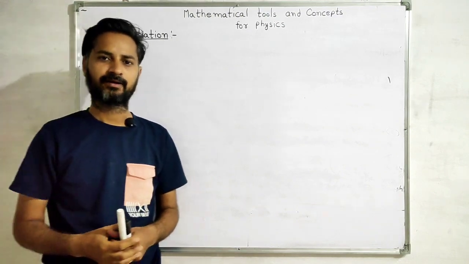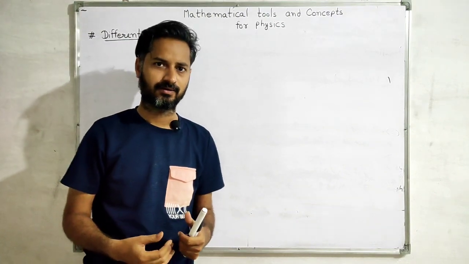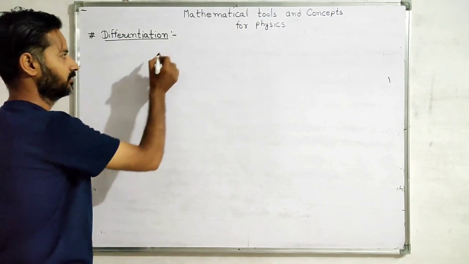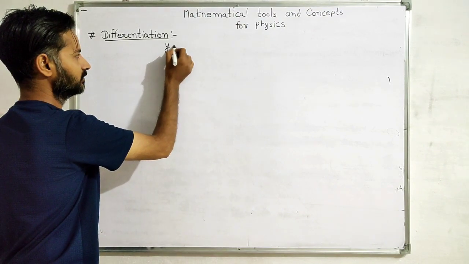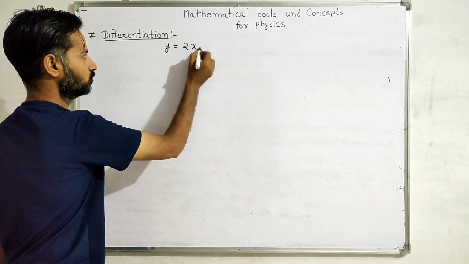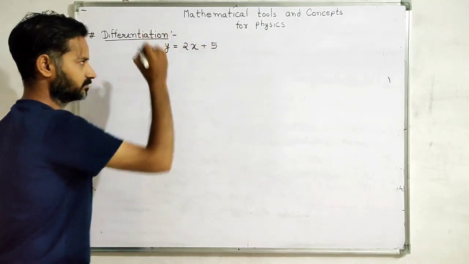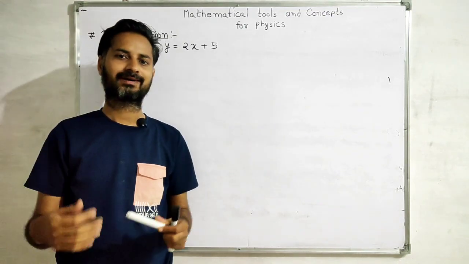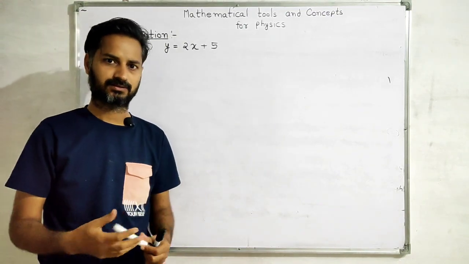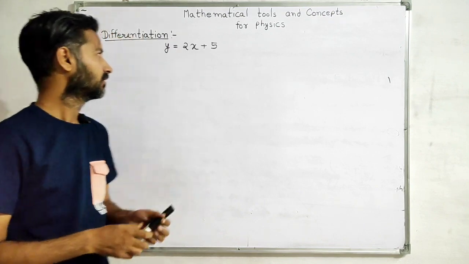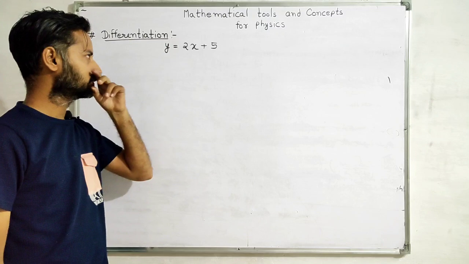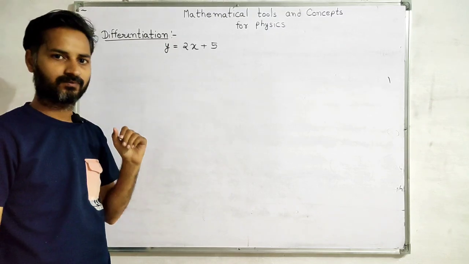For understanding differentiation better, we will choose an example like y is equal to 2x plus 5. As we have already learned this kind of equation in earlier classes, if we choose any value of x, then we get one value of y.